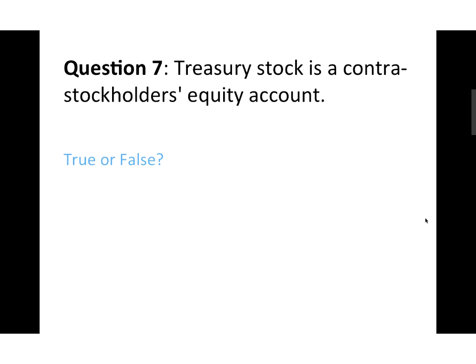And then we have one more. Treasury stock, everyone should get this one right, is a contra stockholders' equity account. True or false? Whenever you see the word contra, like some kind of contra account, it means it's the opposite of the rest of those types of accounts.